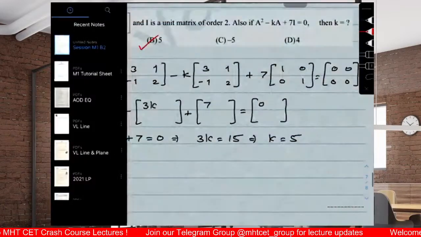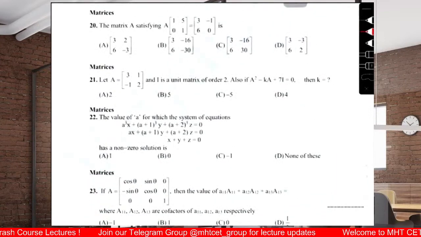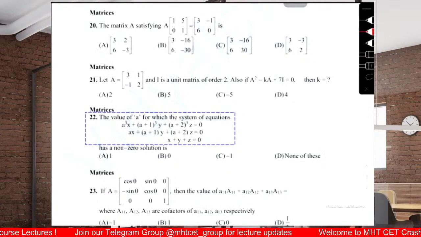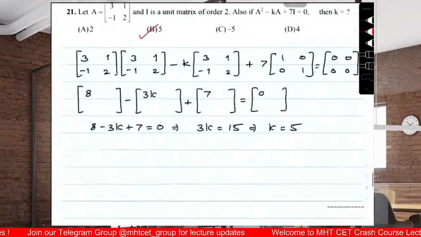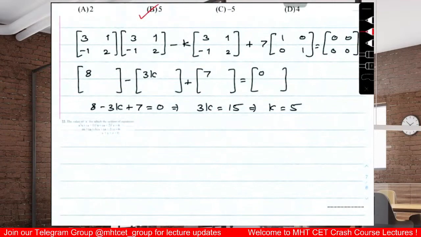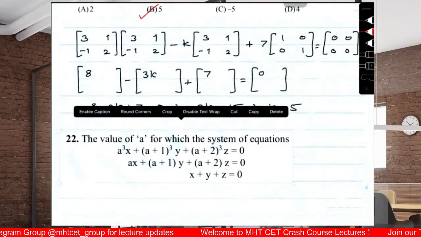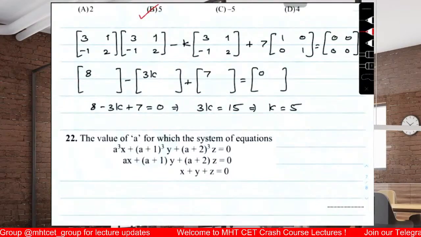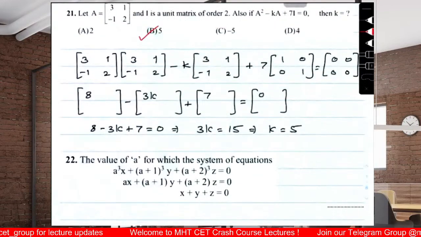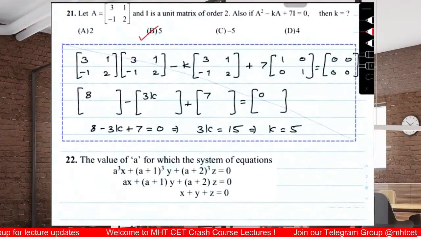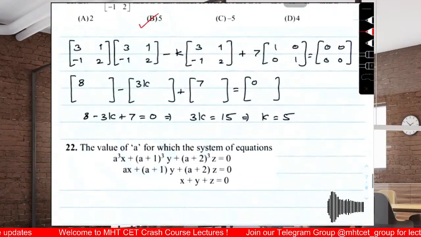Next, 22. ये हो गया लिख के ना 21. 22 में देखो क्या लिखा है.